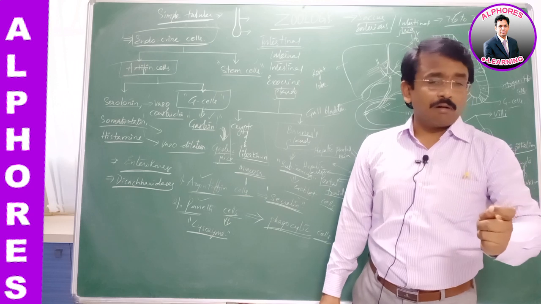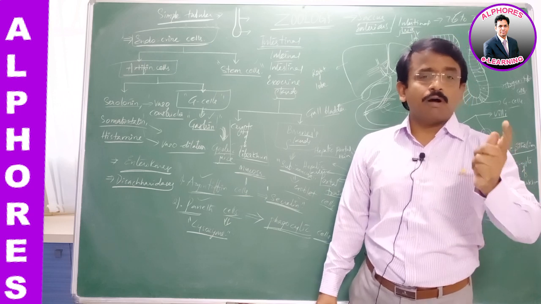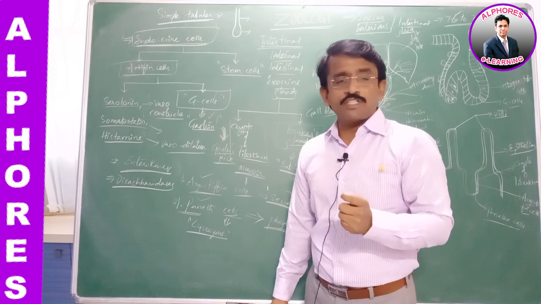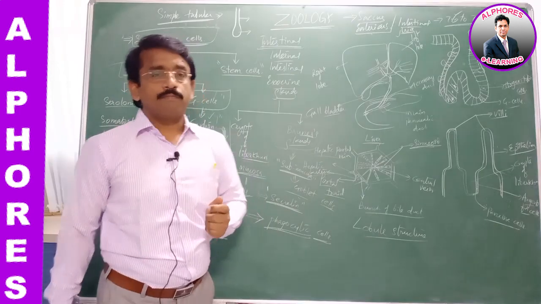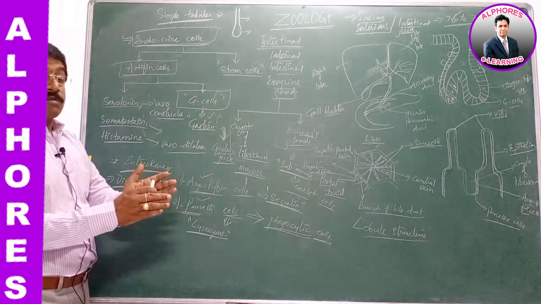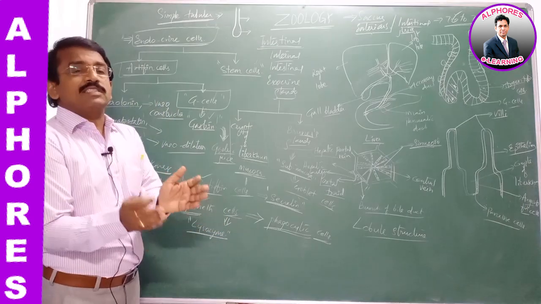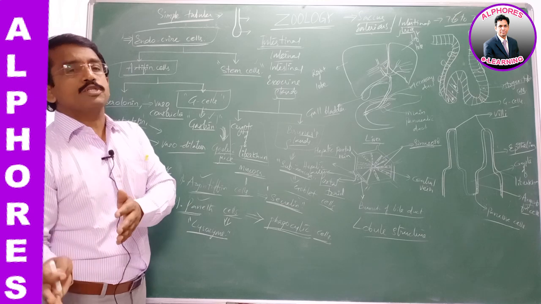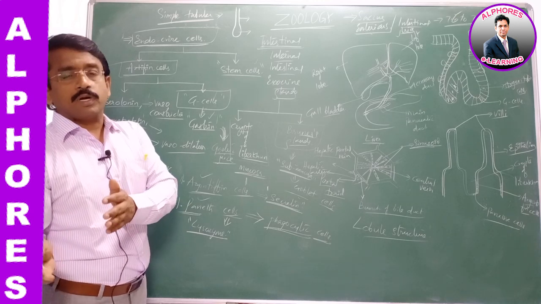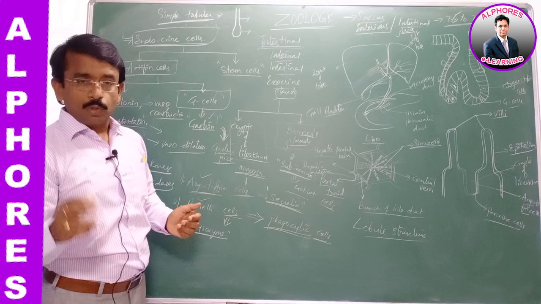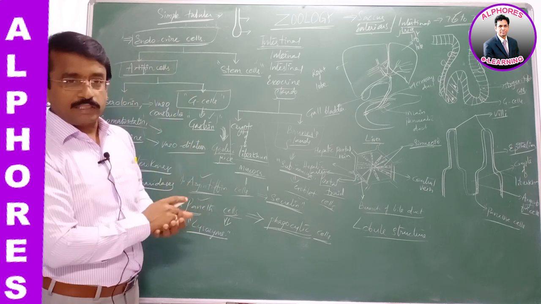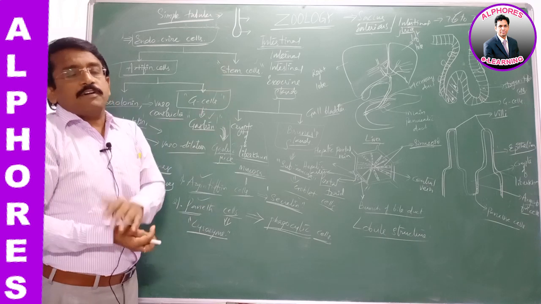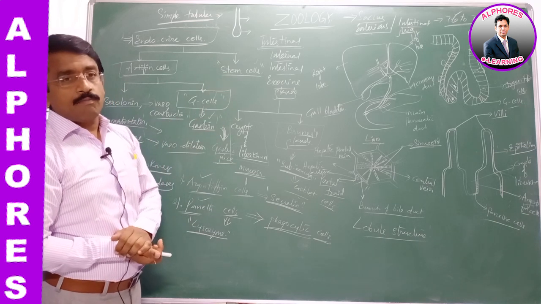Starch or carbohydrates are converted into disaccharides named maltose, sucrose and lactose. These are converted into the simpler monosaccharides, simple sugars: glucose, fructose and galactose. So polysaccharides into disaccharides into monosaccharides. This is the sequence of the substances.